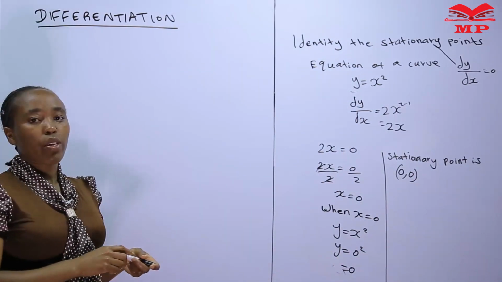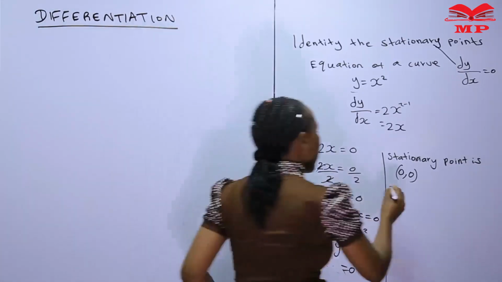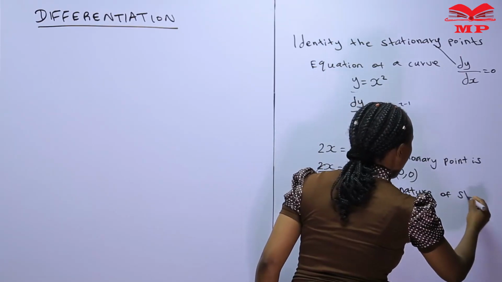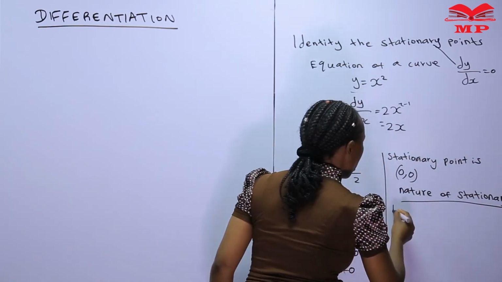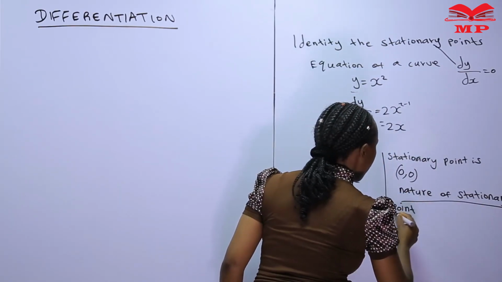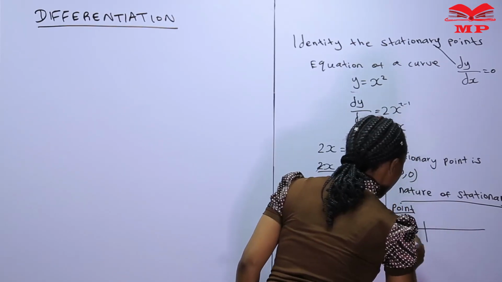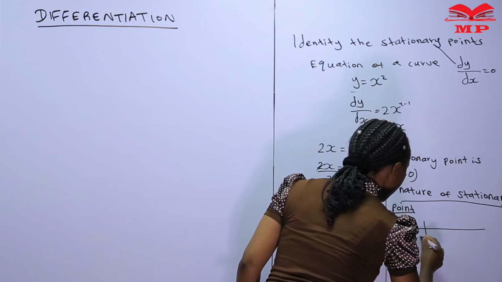And again, when you want to get the nature of the stationary point, you simply need to have the values of x and then the gradient dy/dx at x.